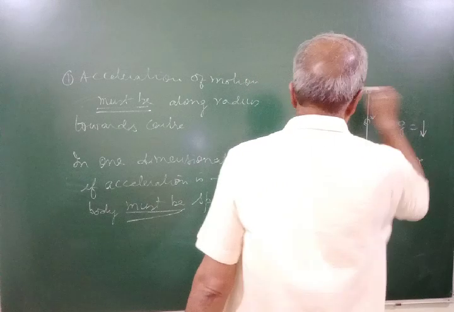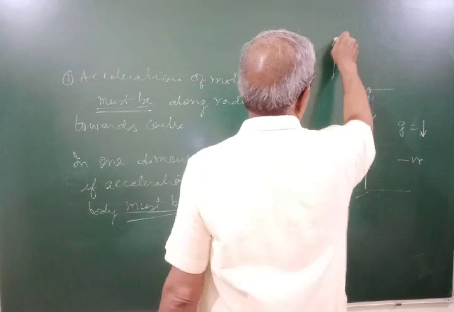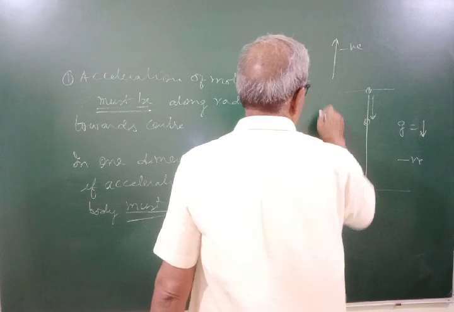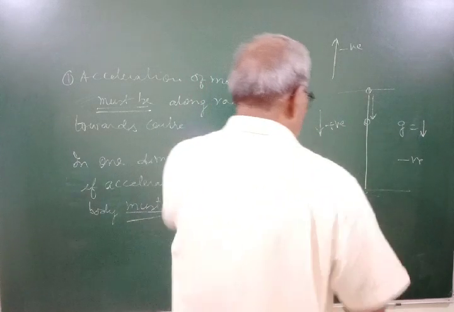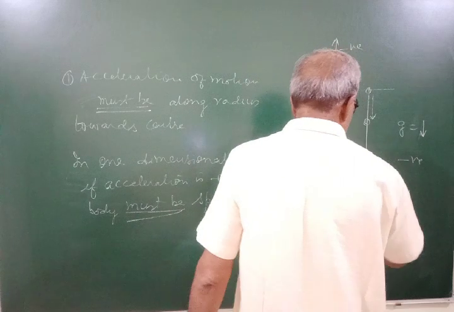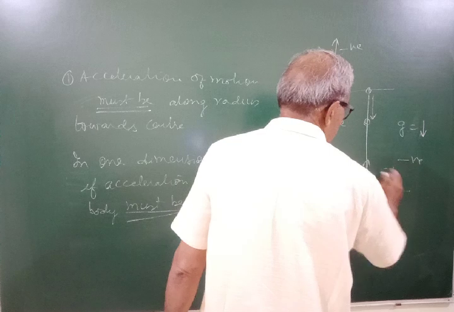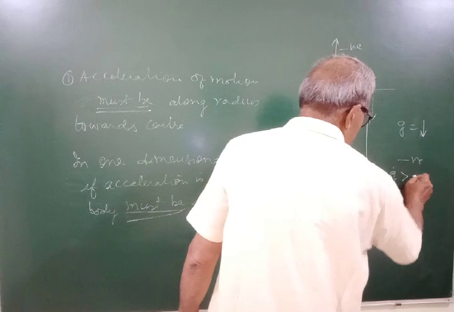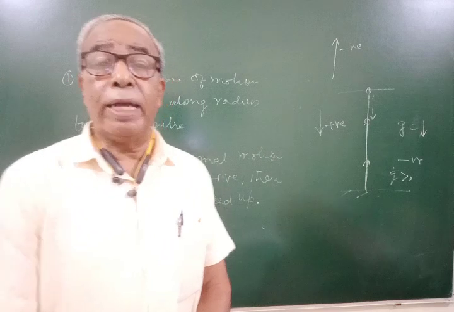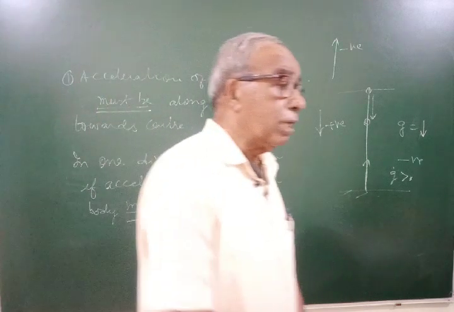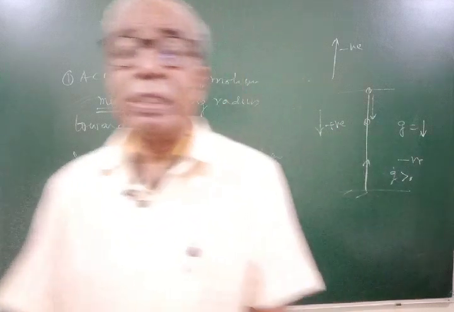If I fix, listen here, upward direction negative and downward positive, and the ball is thrown vertically up, acceleration g is downward, positive, but speed is decreasing. So the sign of acceleration, negative or positive, depends upon our sign convention.